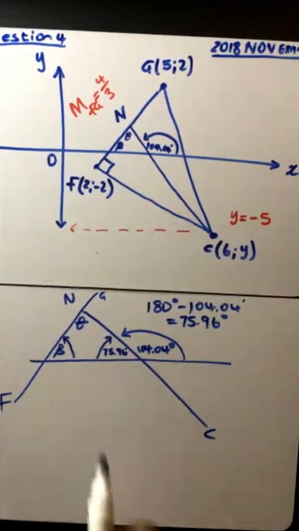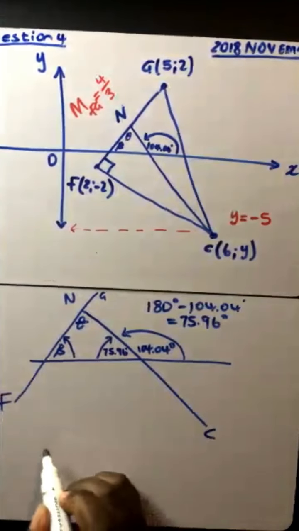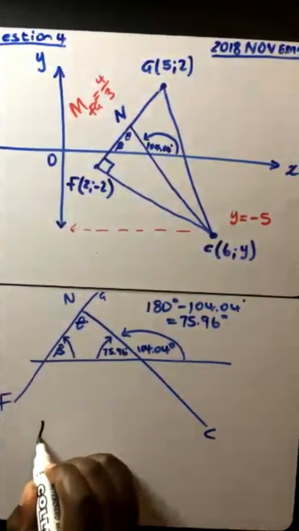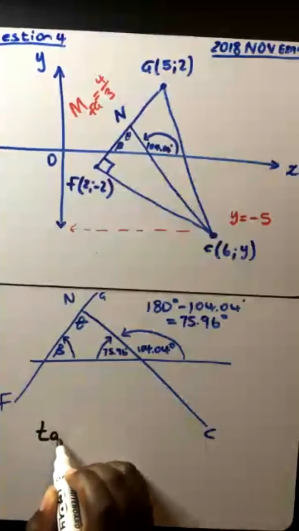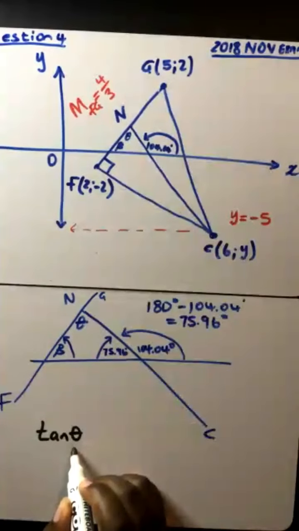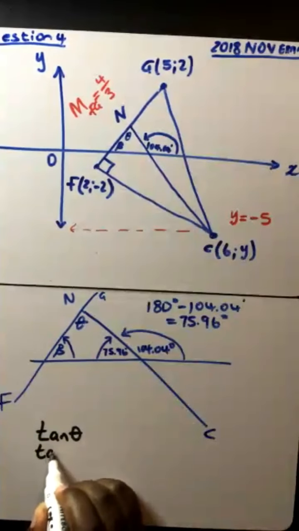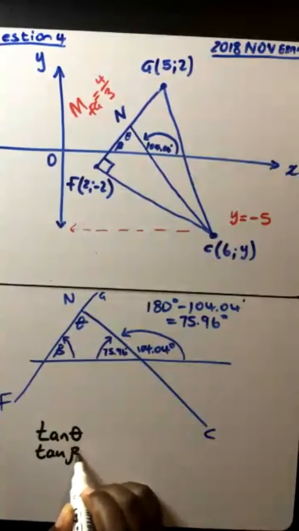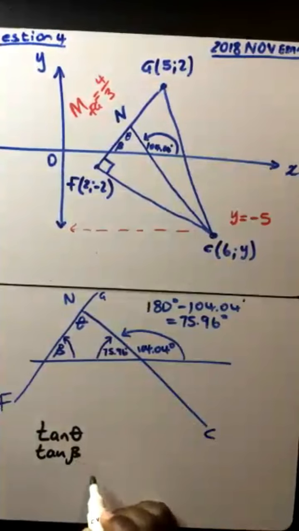Okay, so guys, I'm going to now quickly show you something. Remember, there's this formula which says tan angle. Remember, it could be theta, or tan beta, what else?